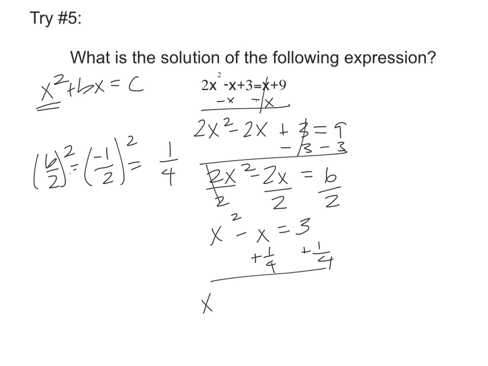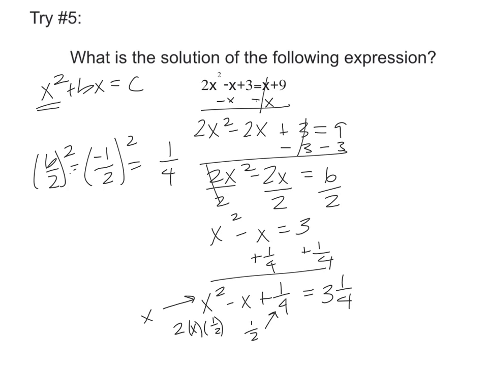So that will give us x squared minus x plus 1/4 equal to 3 1/4. Okay, and then from there we will take the square root. Square root of x squared is x. Square root of 1/4 is 1/2. And if we check the center, it'd be 2 times x times 1/2.